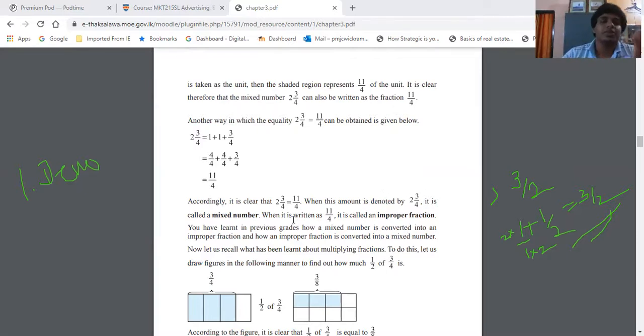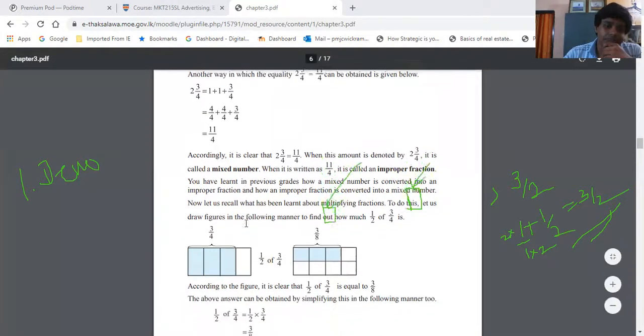You should remember that a bit, because if somebody asks, you can say, I know that. So when somebody says a mixed number, you represent it like this. When somebody says an improper fraction, you represent it like this.